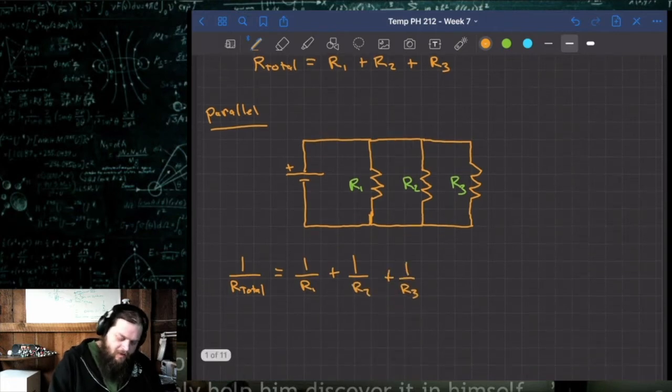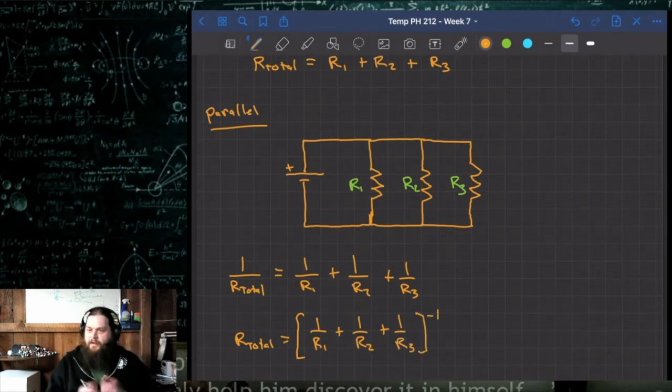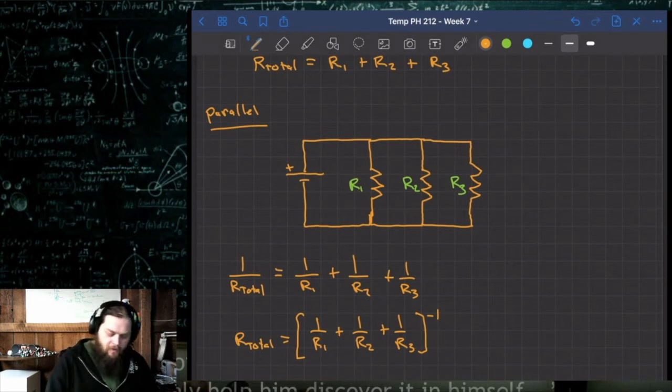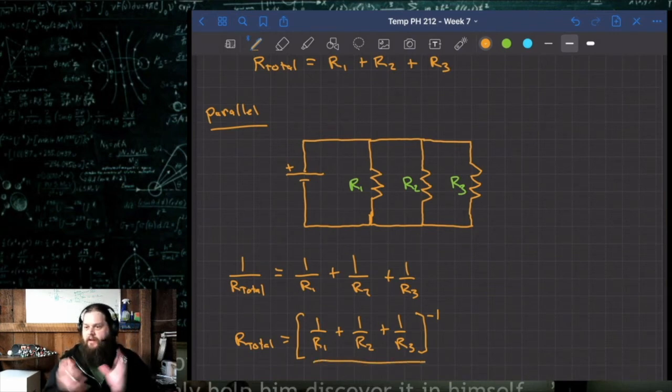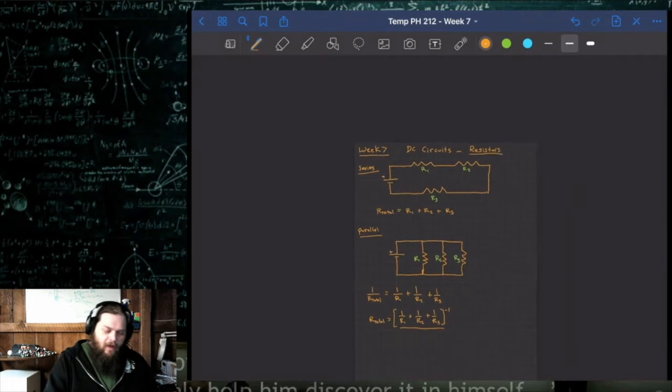I like to write this as R total equals, put a little bracket there, 1 over R1 plus 1 over R2 plus 1 over R3, and take that whole thing to the -1 power. It's really easy to put into the calculator. You just put these fractions in, add them up, and then take the sum to the power of -1, and that gives you the total resistance.